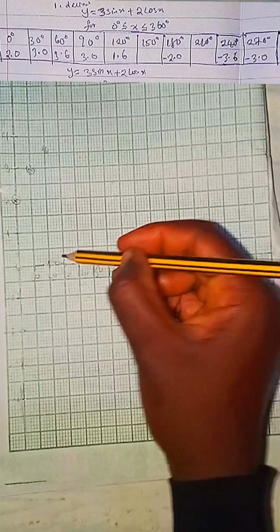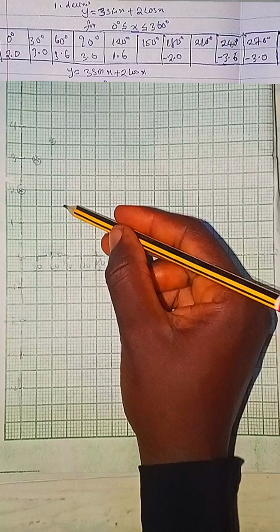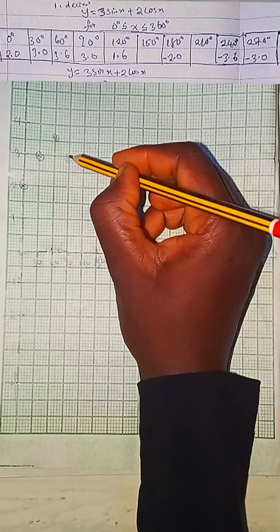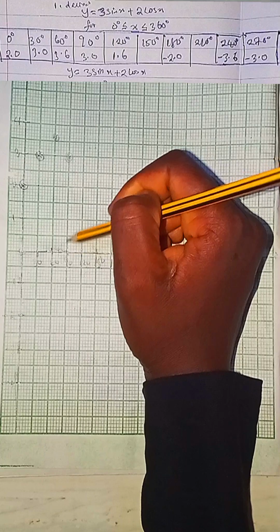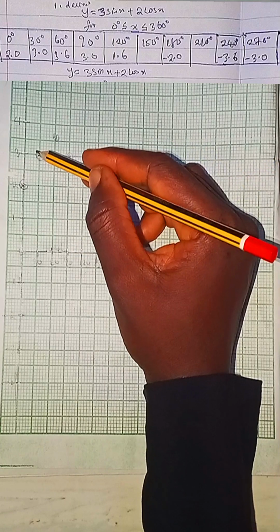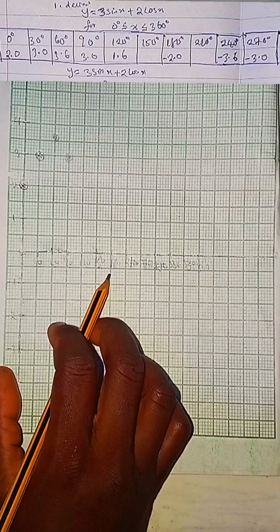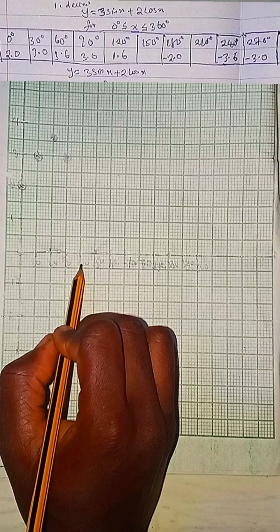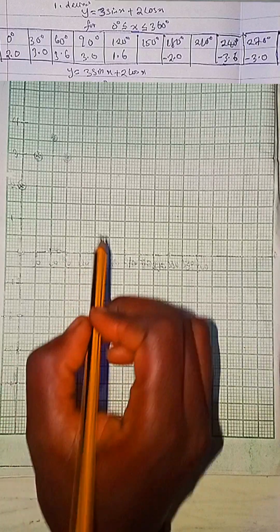This is 90 degrees. This is the 3.0. At this point, x is 90, y is 3.0.